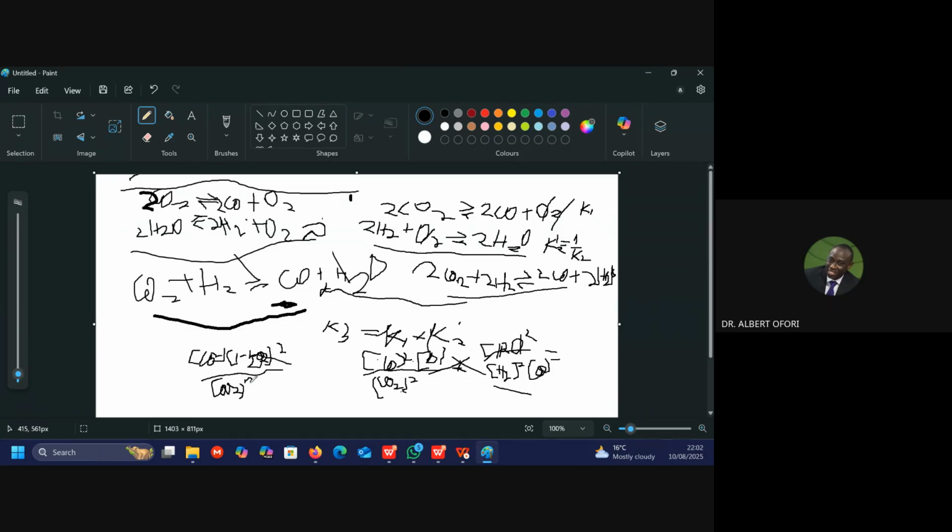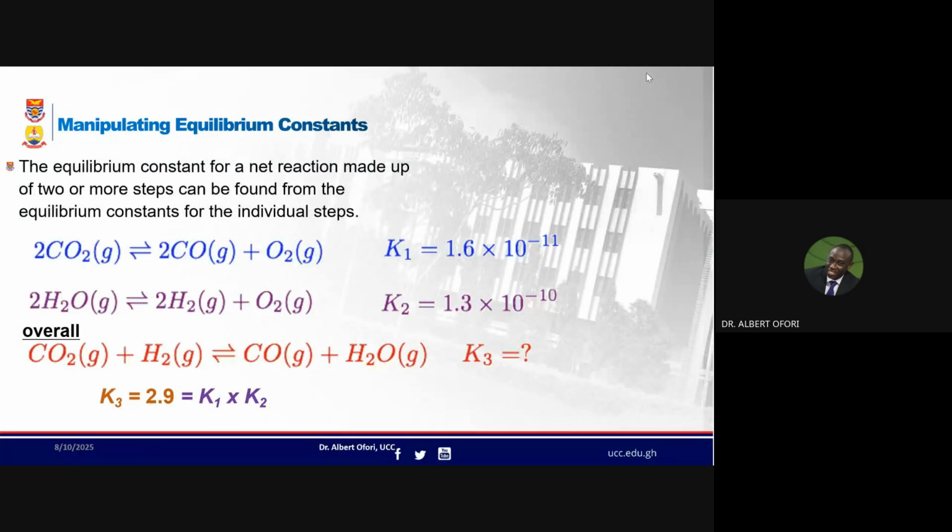So that's K3. When we do the multiplication, we end up getting this. If you look at how it is, it's basically like saying multiply K1 by K2. That relationship is what I'm trying to show; this is messy, you can sit down and try it and see. So this is the third thing I'm trying to establish.